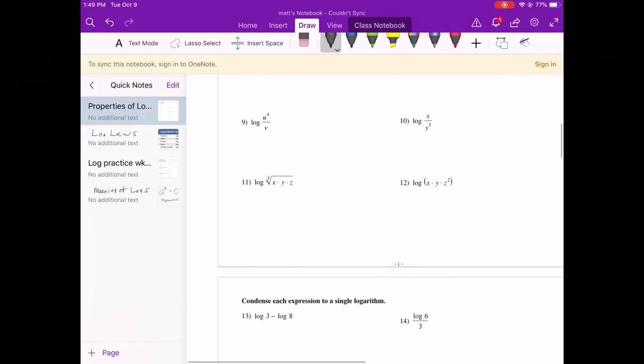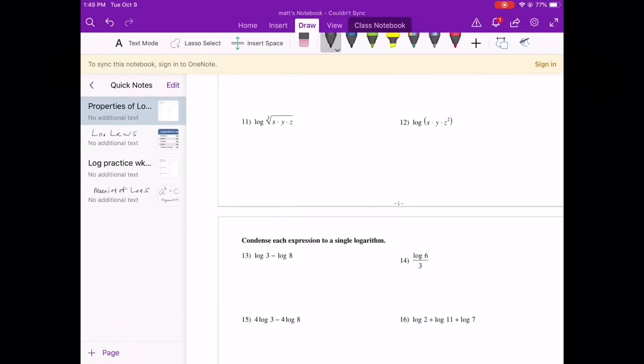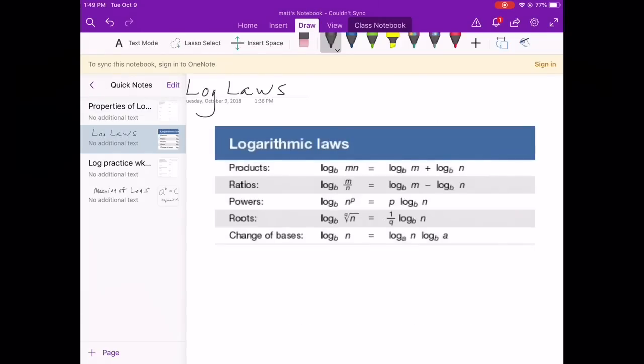How do we go down to 11? In 11, we've got a radical or a cube root, and we've got some products. So a real quick refresher of the laws. With my roots, remember whatever the root is, that becomes multiplying by its inverse out front. And remember my products become adding.